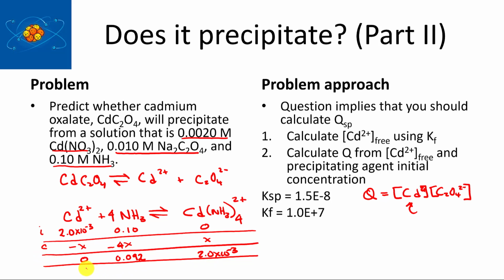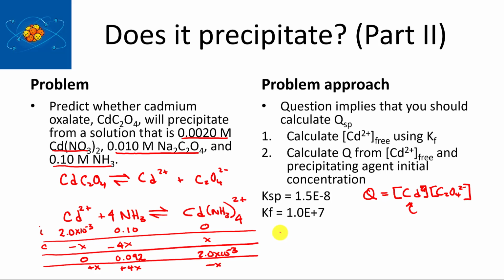So this will be plus x. Oh, there we go. And then this will be plus 4x, and this will be plus x like this, minus x.